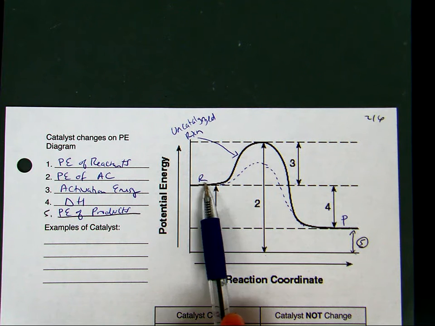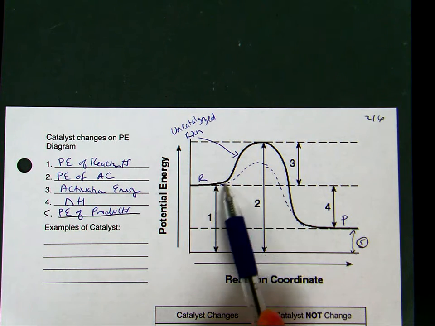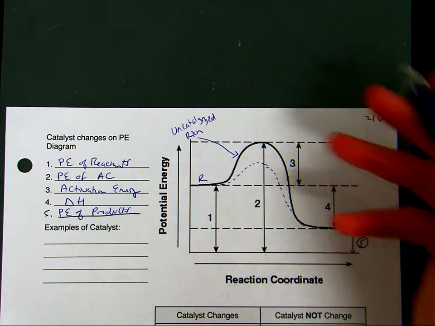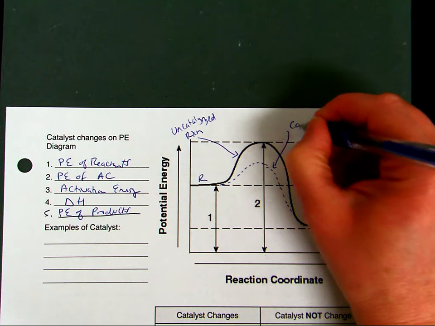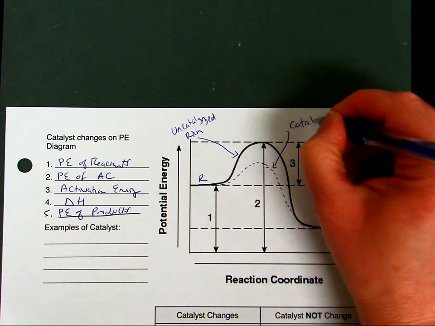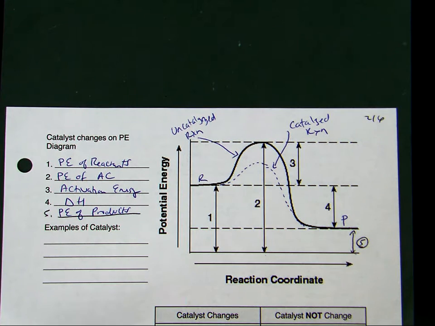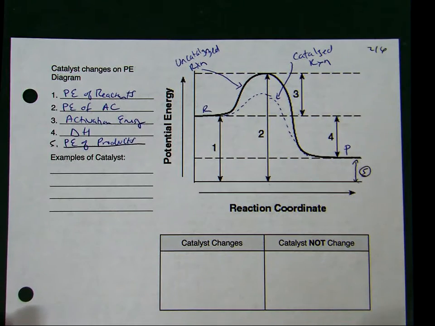The shortened pathway starts at the reactants platform, ends at the products platform. It still creates a hill, but it's a smaller hill, a shortened hill, an alternate pathway. So where I just put that dotted line, that would represent the catalyzed reaction.